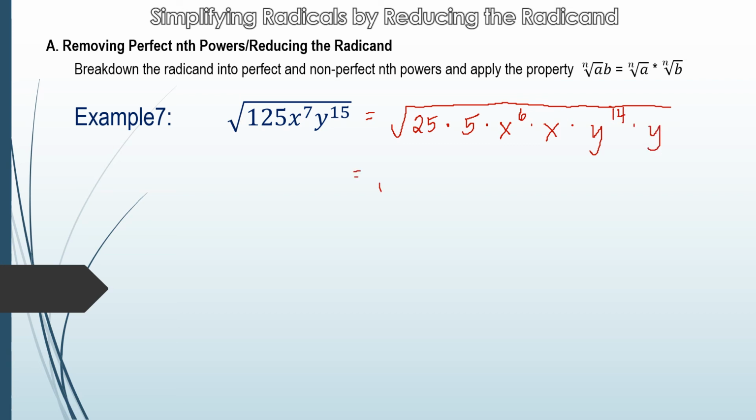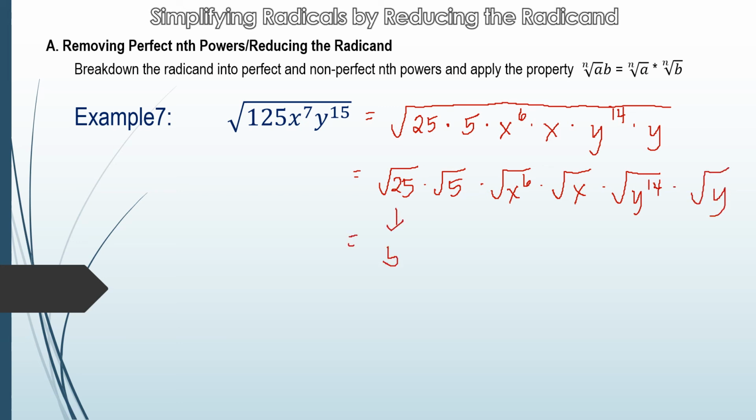This is the same as the square root of 25 times the square root of 5 times the square root of x to the 6th power times the square root of x times the square root of y to the 14th power times the square root of y. So the square root of 25 is 5. Bring down the square root of 5. The square root of x to the 6th power is x raised to the 3rd power. Bring down the square root of x.